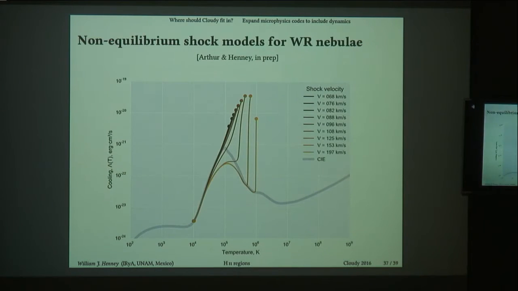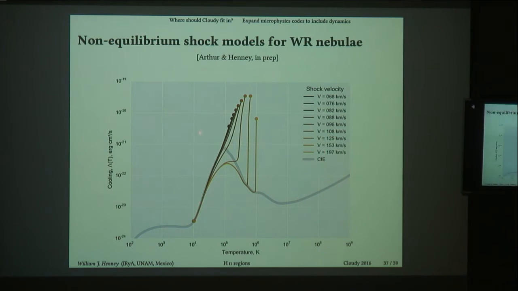There are two ways. One can expand the microphysics codes to include dynamics, and that's something that Gary and Robin Williams and myself, to some extent, have been involved in. This is an example of an application recently made of this, which is calculating shock models for Wolf-Rayet nebulae using Cloudy, in which this is the collisional ionization equilibrium cooling curve.